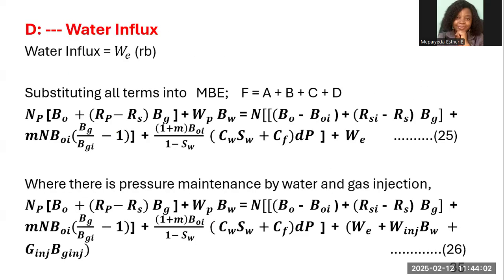Here are equations 25 and 26, where we derive the general material balance equation, showing that our F, underground withdrawal, is a tank model and it equals the energy of the reservoir system: the oil and gas expansion component, the gas cap expansion component, the connate water expansion and rock compressibility, and the water influx.